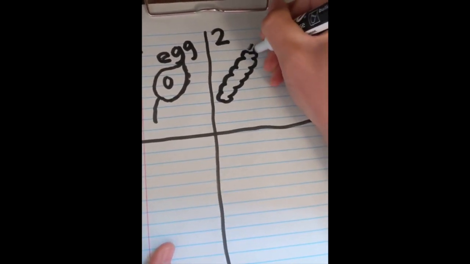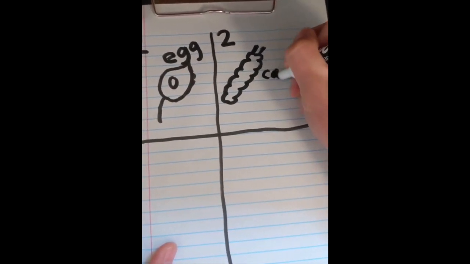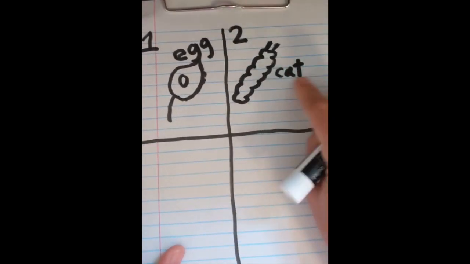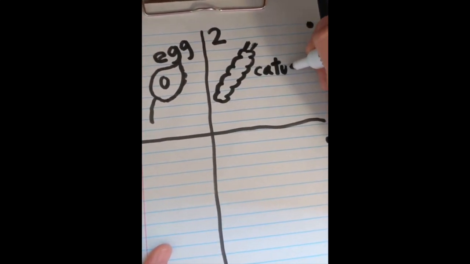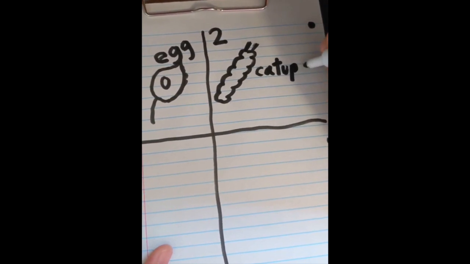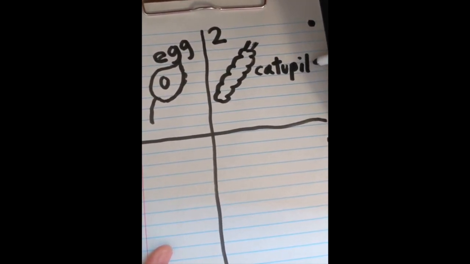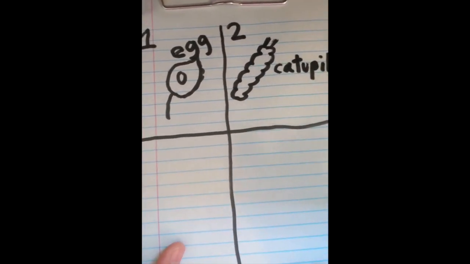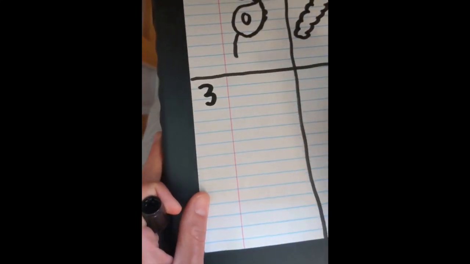This word's going to be hard to sound out. Let's try our best. K, a, t, t. Oh, cat. P, p. L, r. Caterpillar.